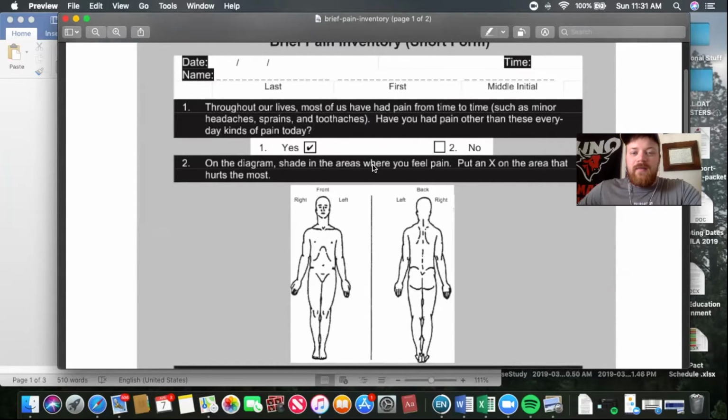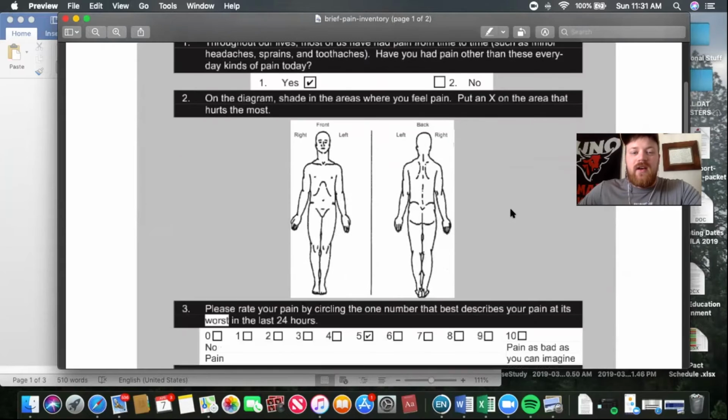Here he just describes everyday kind of pains. Can you see my cursor? Okay. So he got a right adductor strain, grade 1, a few days ago, right on the inside of the leg there.